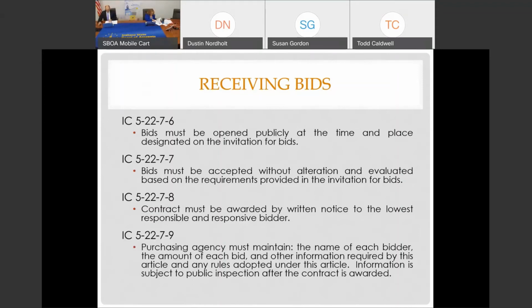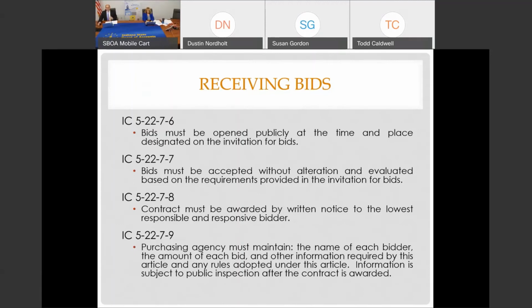In Section 8, the contract must be awarded by written notice to the lowest responsible and responsive bidder. Now, we get a lot of questions on if contracts can be awarded to someone other than the lowest bidder. And we wanted to point out the statute states the lowest responsible and responsive bidder. So the lowest bid may not necessarily be the lowest responsible and responsive bidder.